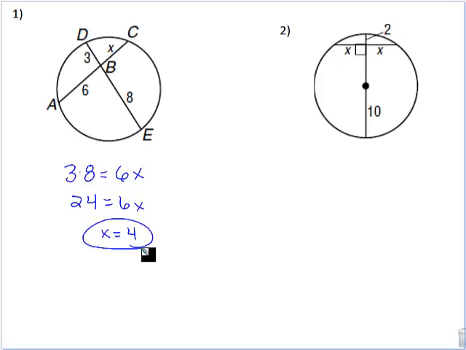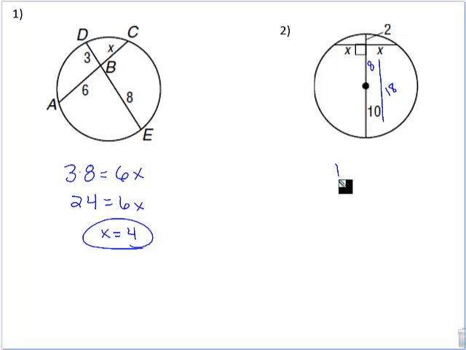Okay, how about number 2? Ooh, not 10 times 2. Common mistake, though. 10 here is only talking about what? Just the radius. So what's the additional length? That's 8, so this would really be 18.